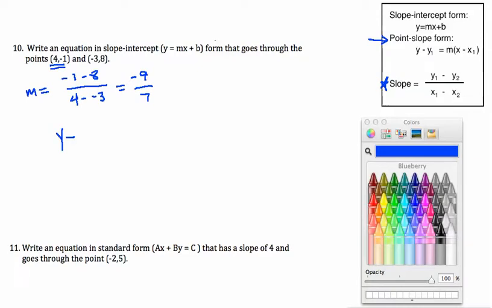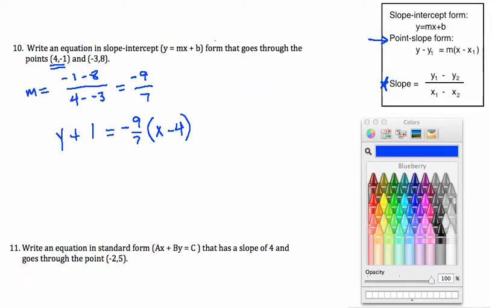So y minus -1, that's actually the same thing as y plus 1, so I'm just going to write it like that originally, equals m, which is -9/7 times x minus 4.